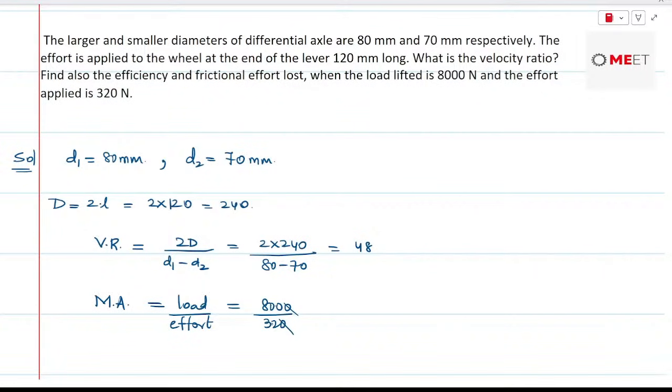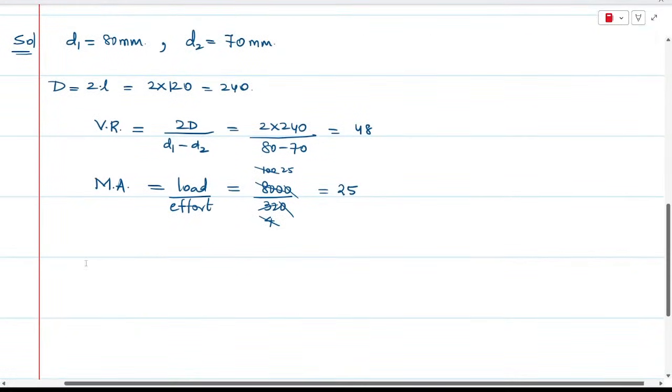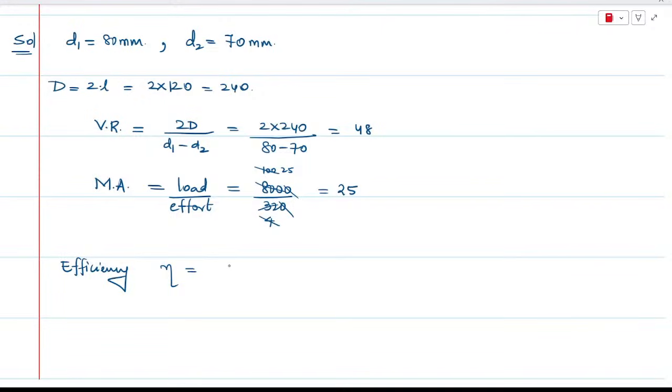So 0 and 0 will be cancelled. Mechanical advantage is 25, and efficiency is given by eta equal to mechanical advantage divided by velocity ratio, that is 25 by 48. So this will be slightly greater than 50, that is 52.08%.